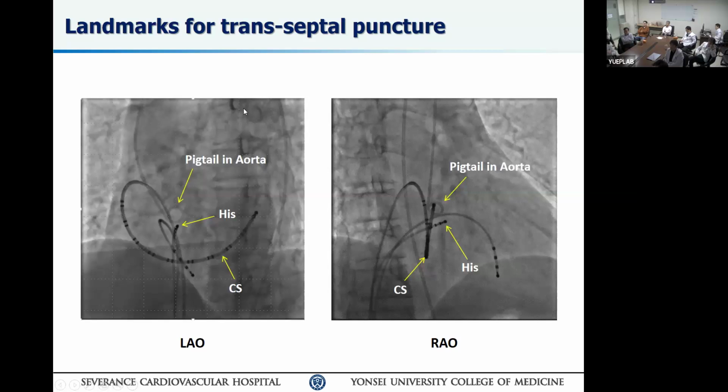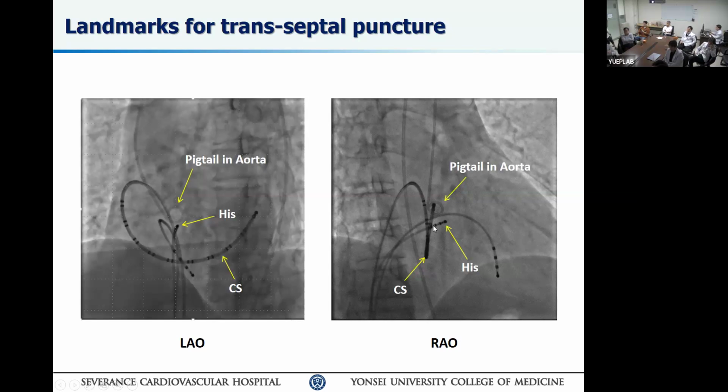If you see the LAO view in the left picture, there is a pigtail in the aorta, which corresponds to a quadripolar catheter in the His area. If you see the RAO view, this becomes more obvious, in which the membranous septum of the RCC and NCC corresponds to the quadripolar catheter.